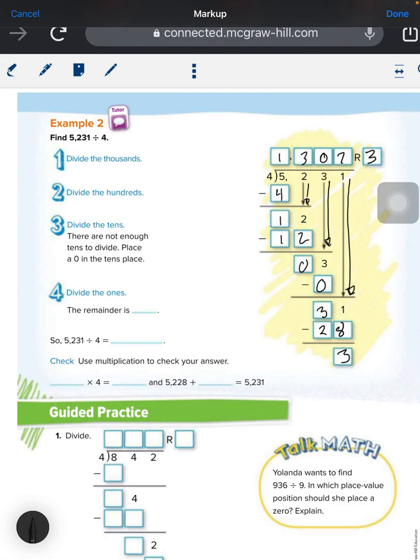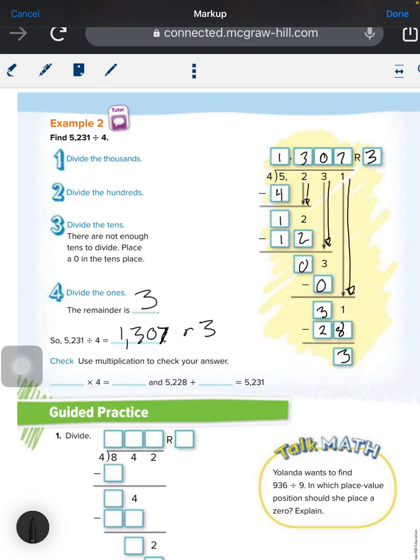There's 3 left. So we're going to have a remainder of 3. So we can understand that 5,231 divided by 4 is 1,307, remainder 3.